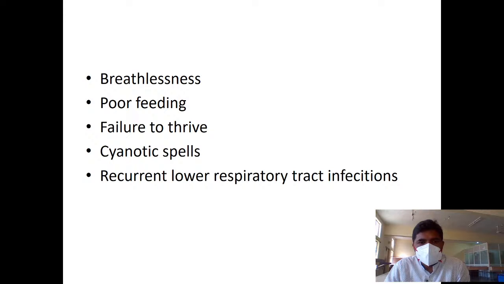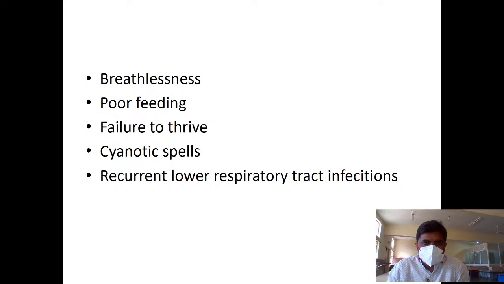When he becomes irritable, this bluishness increases, and at the same time the child might become unconscious and might develop seizures. So this is how the cyanotic spells history will be, and you need to differentiate it from breath holding spells.